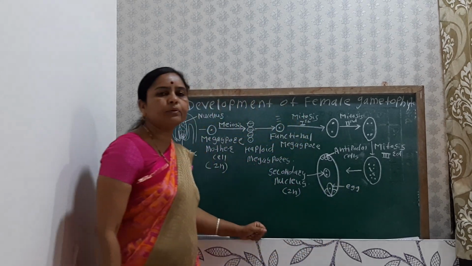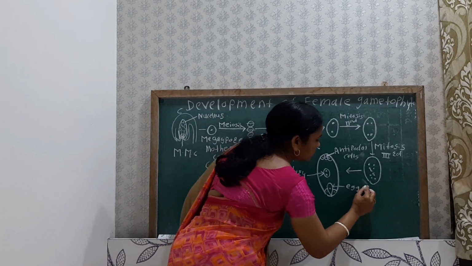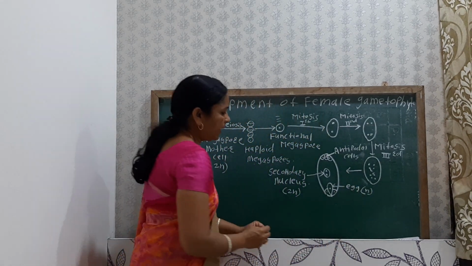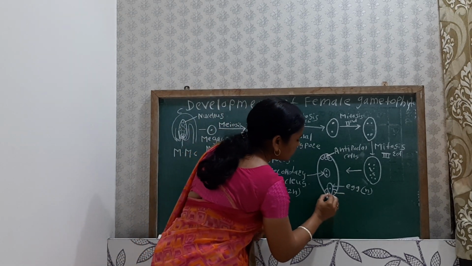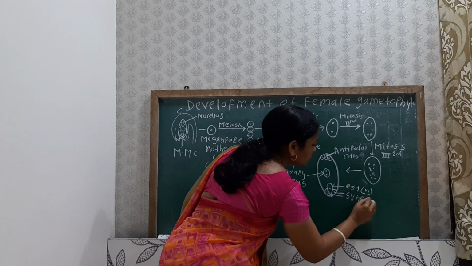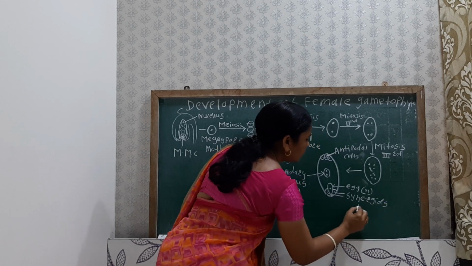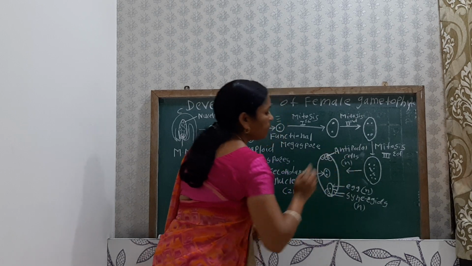It is the female gamete, the egg cell, which is haploid. These 2 smaller cells are known as the synergids. These are also haploid, and these antipodal cells are also haploid.